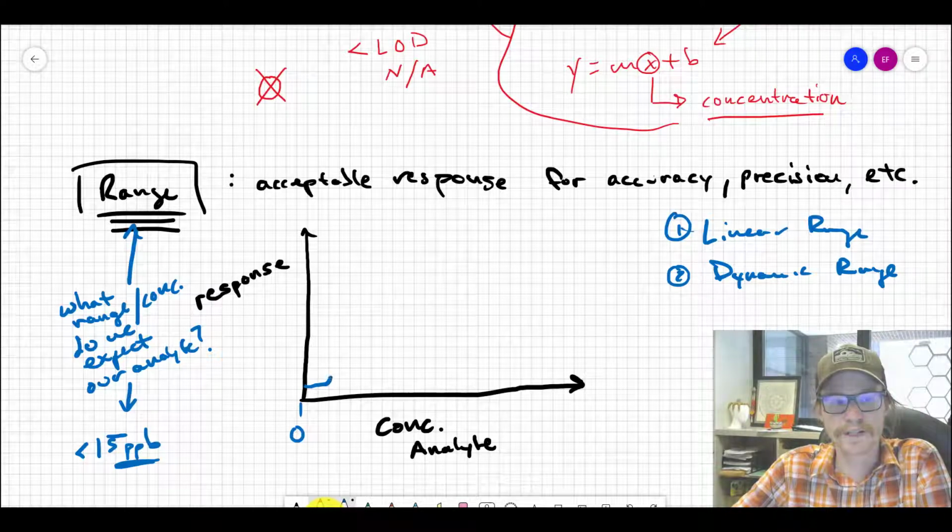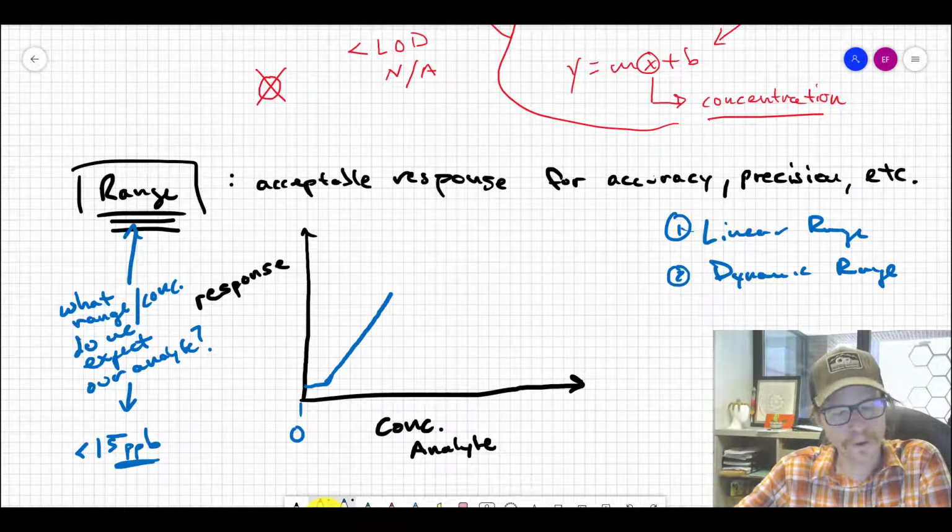Then as we hit the limit of detection, now our tool starts to respond. We get some response that increases as a function of the increased concentration of the analyte. And we start to increase, and hopefully this is a linear type response.